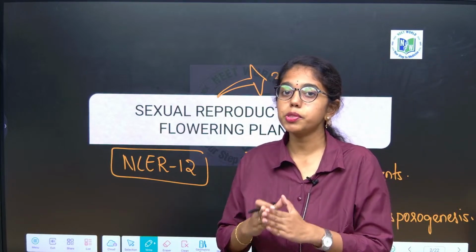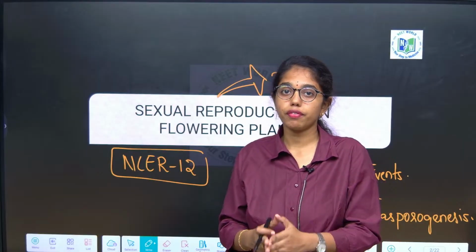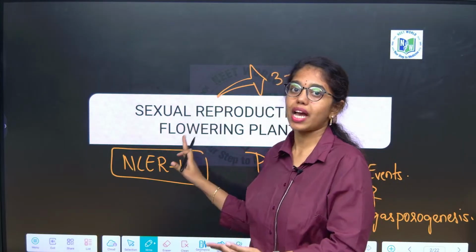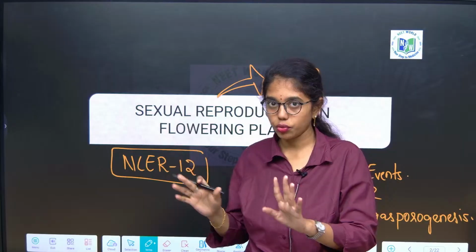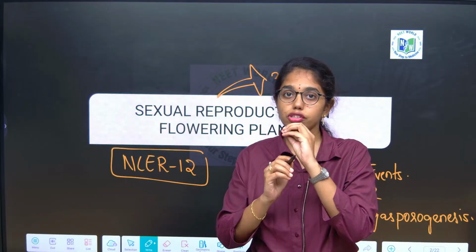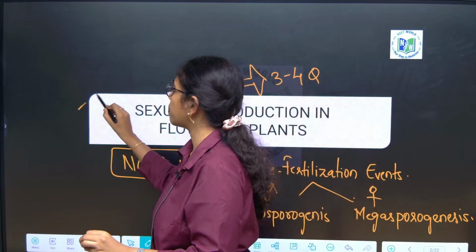All these concepts we have to learn from sexual reproduction of flowering plants, a major chapter from biology NCERT 12 for your NEET examination. There is no way of skipping this chapter.